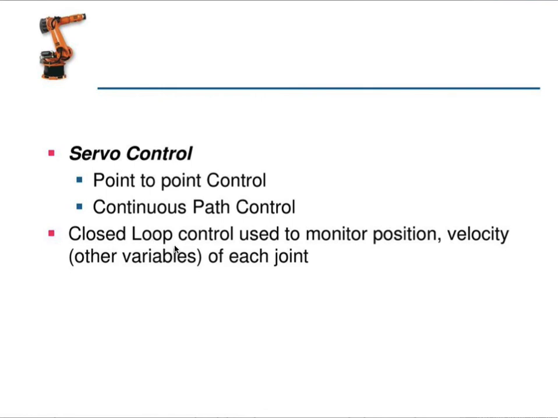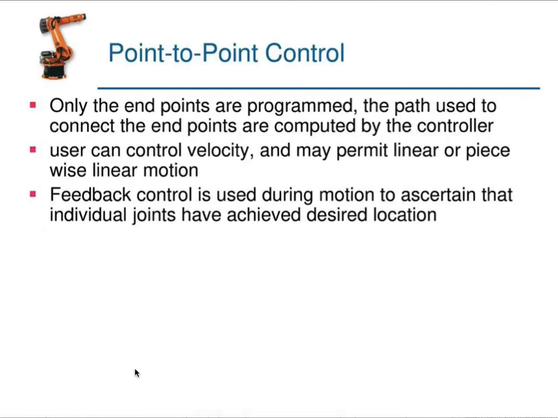Here closed loop control is used to monitor the position and velocity of each joint. In point to point control, we can say that only the endpoints are programmed. The path used to connect the endpoints is computed by the controller.